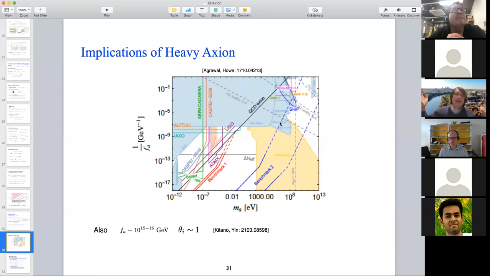But take that with a grain of salt, because it doesn't mean that no one can come up with a model which puts you down here, and there are such models. I talked about one today, but there are other models that put you down here. That shows you how severe this PQ quality problem is.